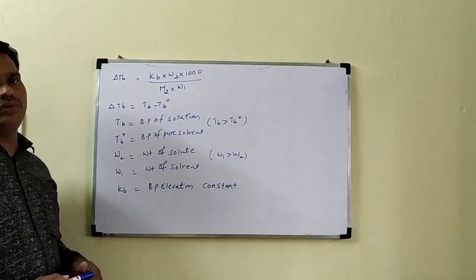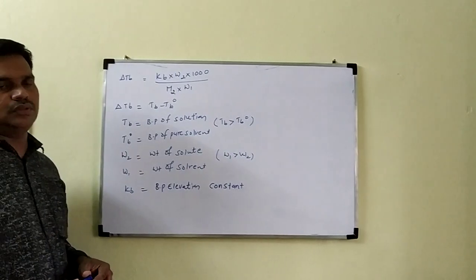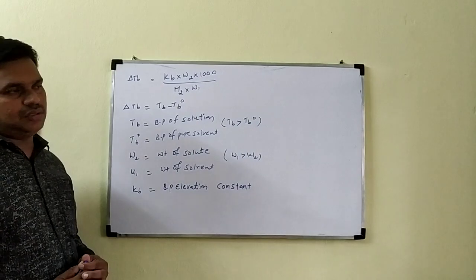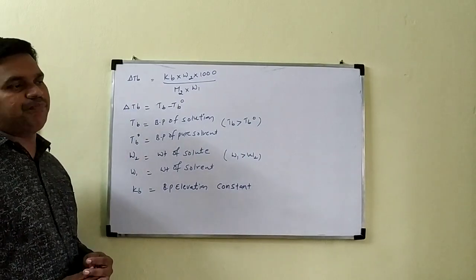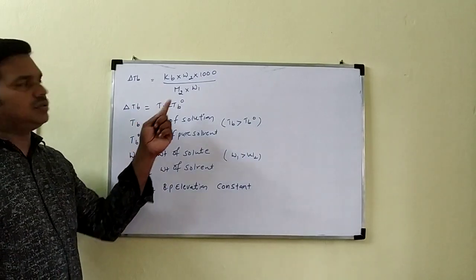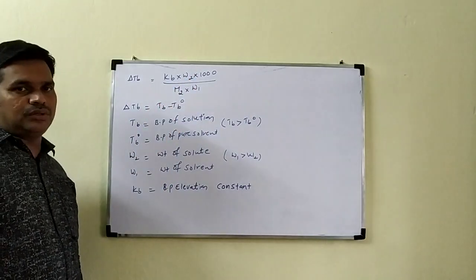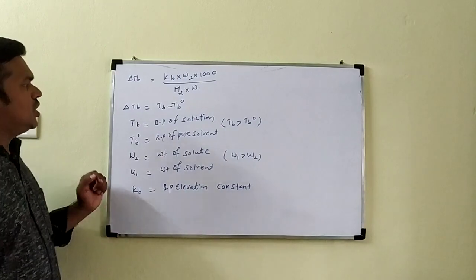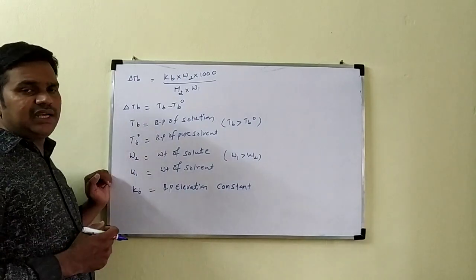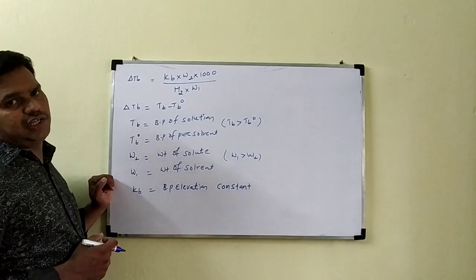So let us see the problems on elevation in boiling points. We can use this formula: delta Tb is equal to Kb into W2 into 1000 by M2 into W1. What is delta Tb? Delta Tb is elevation in boiling point.